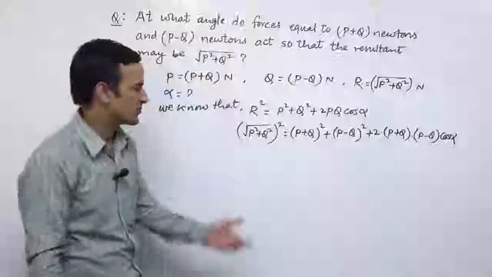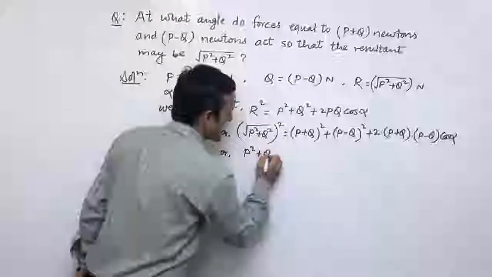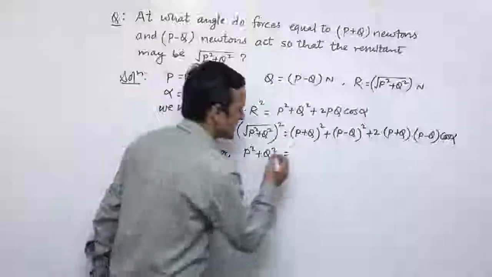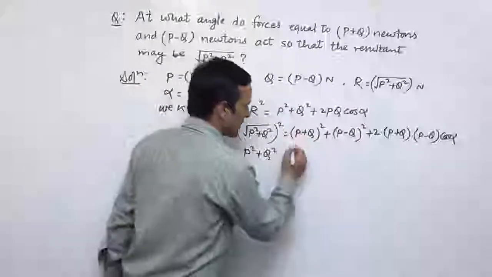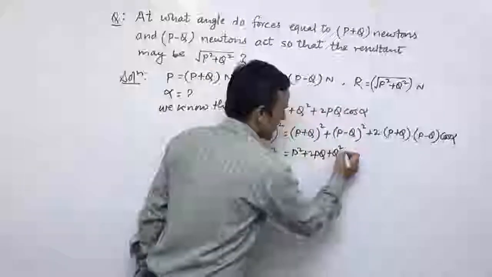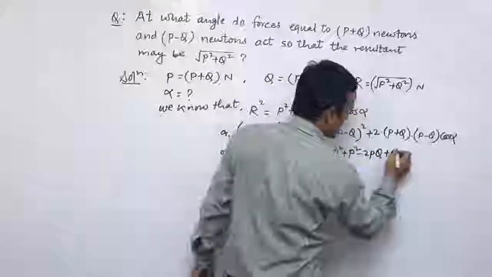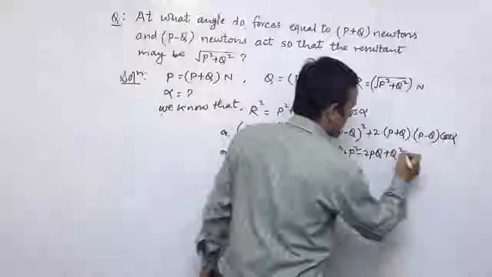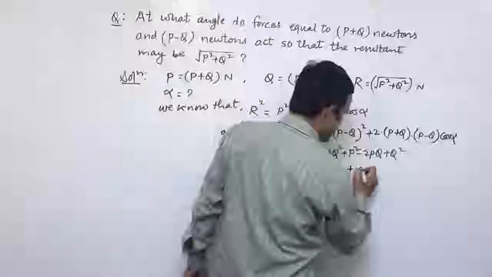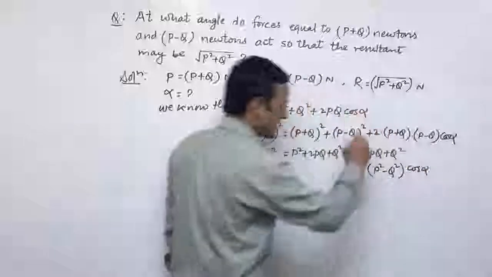This is the expression, and if we solve it, the square root and square cancel each other. So we get P square plus 2PQ plus Q square, plus P square minus 2PQ plus Q square, plus 2 times P plus Q times P minus Q, which is P square minus Q square, cos alpha.